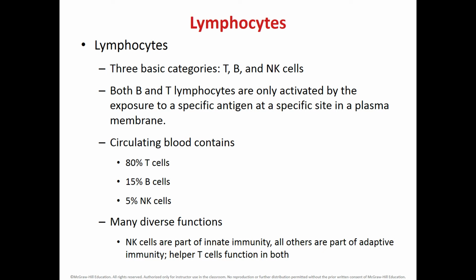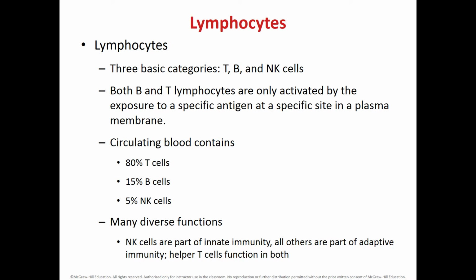Both the B and the T cells are only activated when you expose them to a specific antigen at a specific site in the plasma membrane. So this is another key point for you guys to know, that both the T lymphocytes and the B lymphocytes are only activated by the exposure to a specific antigen and it's at a specific site in the plasma membrane.